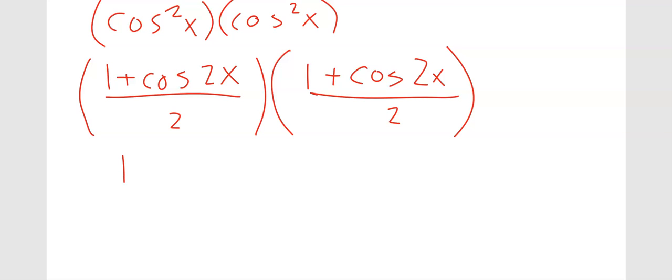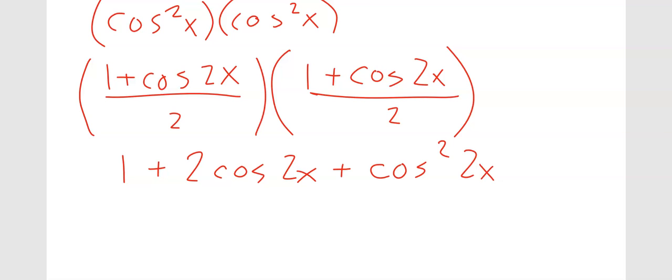In the book, they show you that if you FOIL the top, you would end up with 1 plus 2 cosine 2x plus cosine 2x times cosine 2x. What do you get when you multiply those? Cosine squared, right? This is where it starts getting really ugly, because now you've got cosine squared, and it's all over 4. In the book, they pull out a common factor.